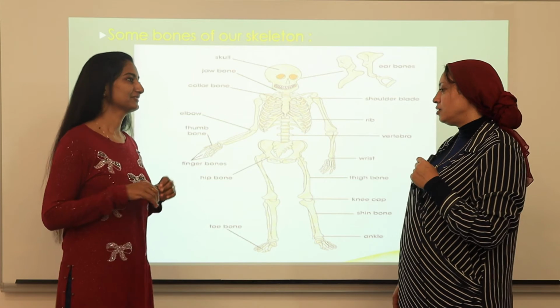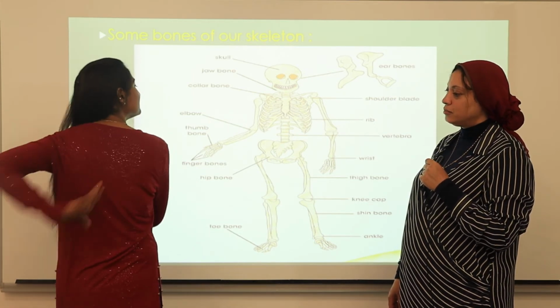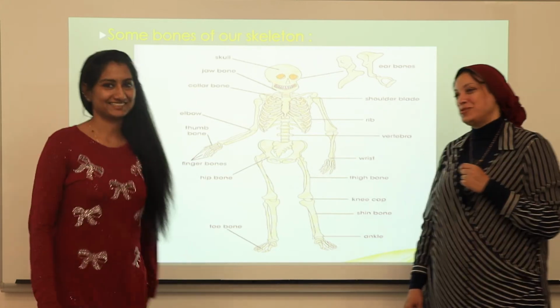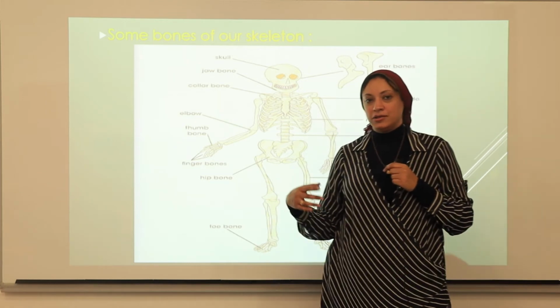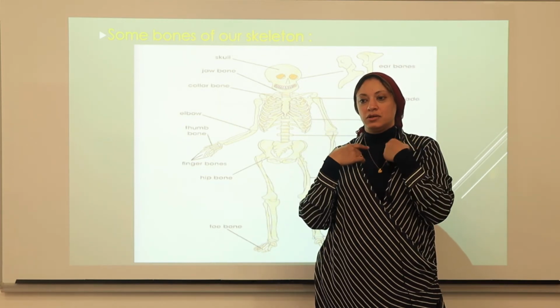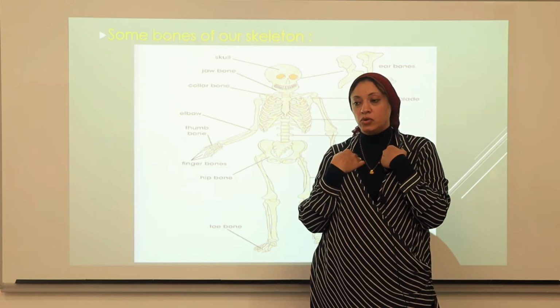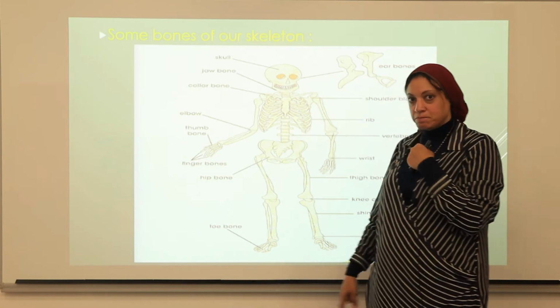And we said the backbone or your spine. Excellent. Thank you so much. You can do the same at home. Try to show the position of each bone, or try to show it on a picture.